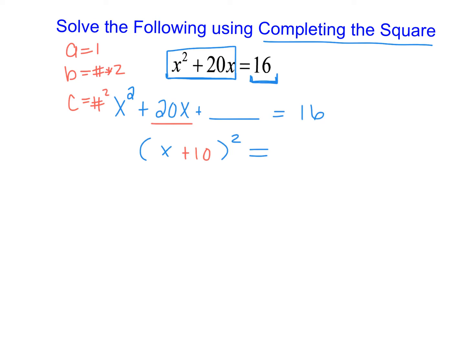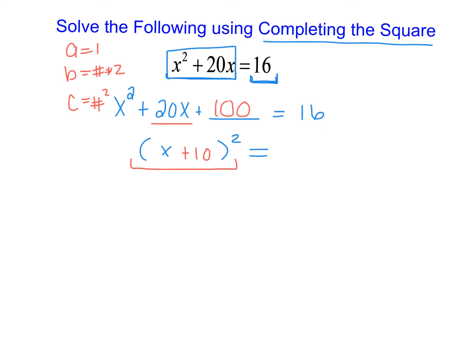Now we take that number, which is 10, and we need to square it to find our missing c value. So we take 10 squared and we find out that that is 100. So what we're going to do is add 100 to the left-hand side of this equation in order to turn it into a perfect square trinomial that can be written as (x + 10) quantity squared.